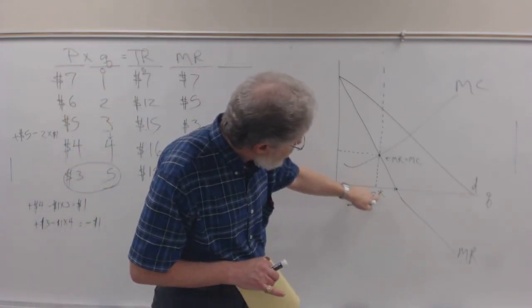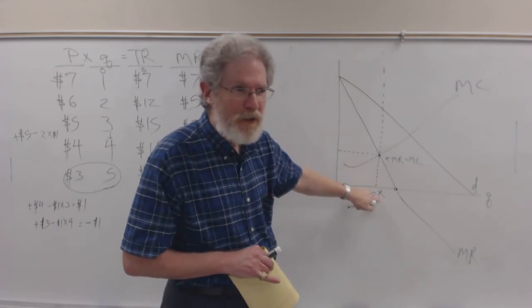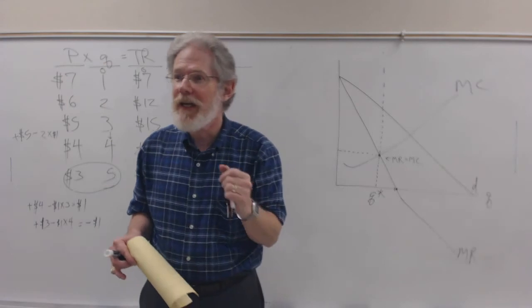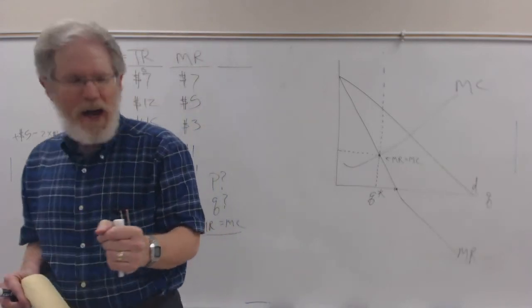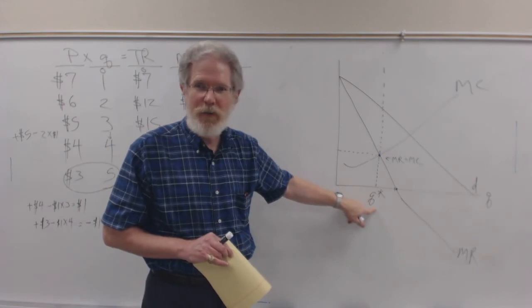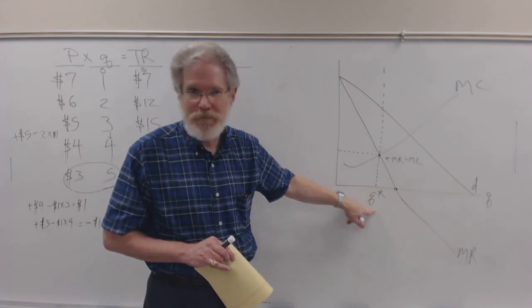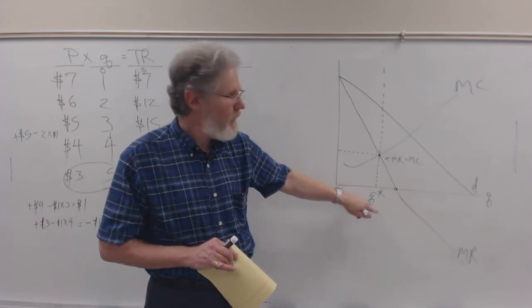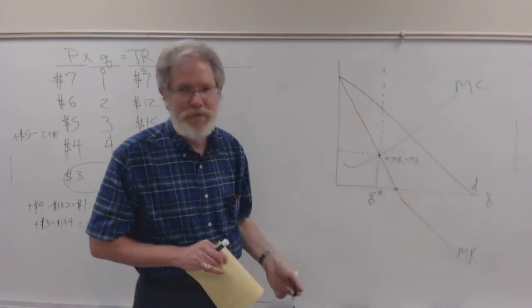He wants to sell this quantity. He's going to charge the highest price that he can charge and still sell that quantity. And how do we find that highest price, given the information we have here?